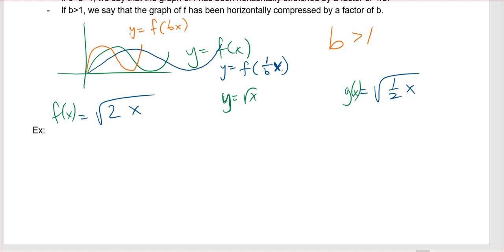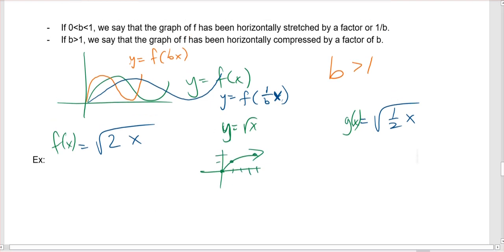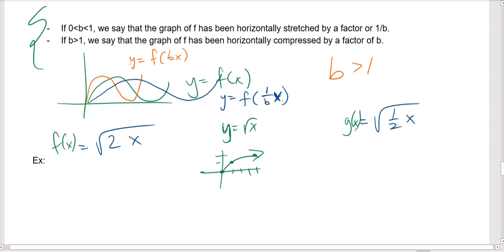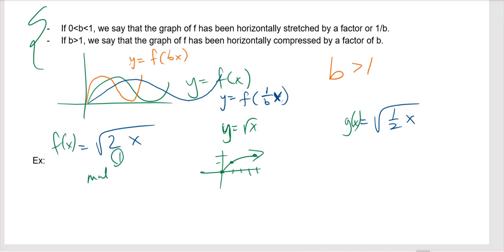So y equals square root of x. We know that this looks like this, and we've got (0, 0), (1, 1), (4, 2). We've got those points, so we just follow what we're doing up here. We're going to take this, and that's going to be our first transformation. Maybe I can write this in a different way. Let's divide all x coordinates by the number that we're multiplying the x by.